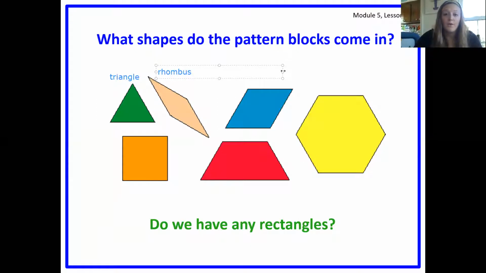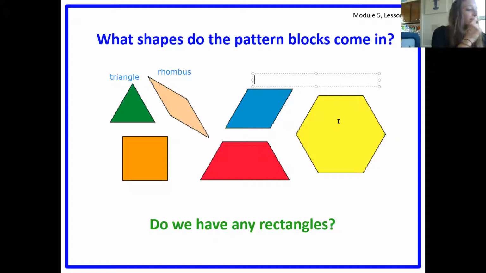Now over here, what is this shape called? We haven't really talked about it yet, have we? Say it if you know it.